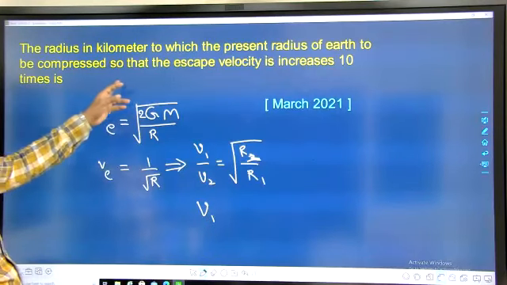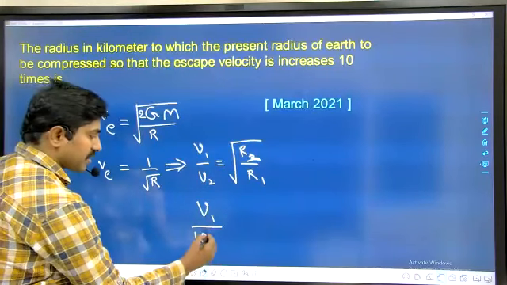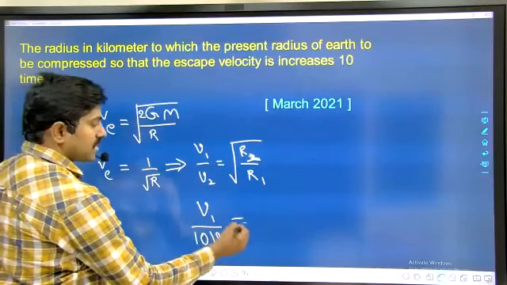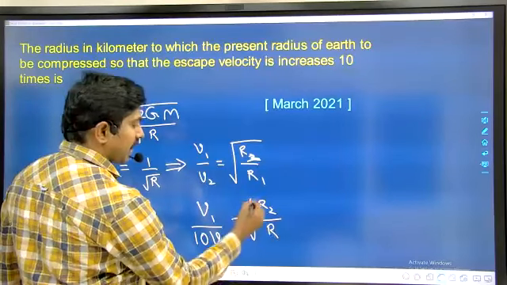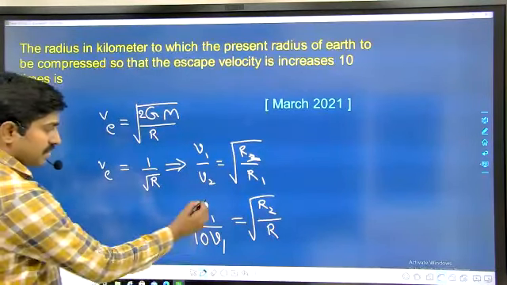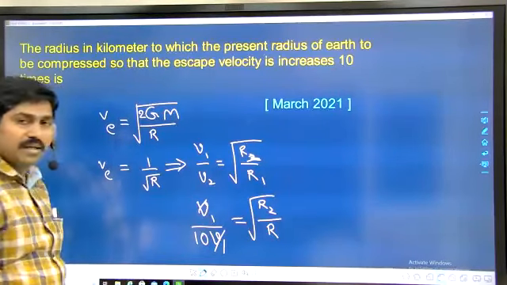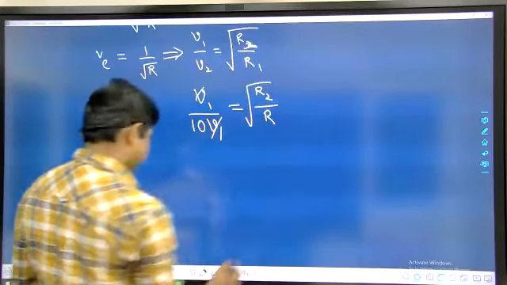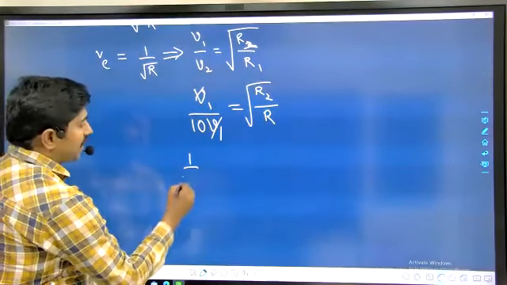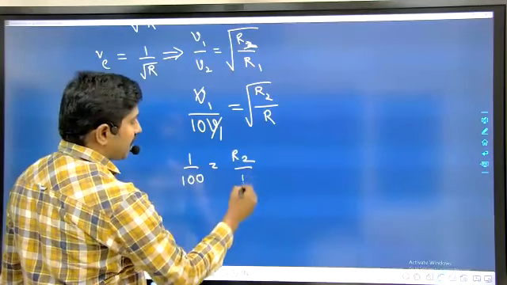And escape velocity is increased 10 times. That means V2 will be how much? 10 V1, which is equal to root over r2 by the initial value r. So 1 by 10 will be root over r2 by r. By squaring on both sides, you will get 1 by 100 is equal to r2 by r.